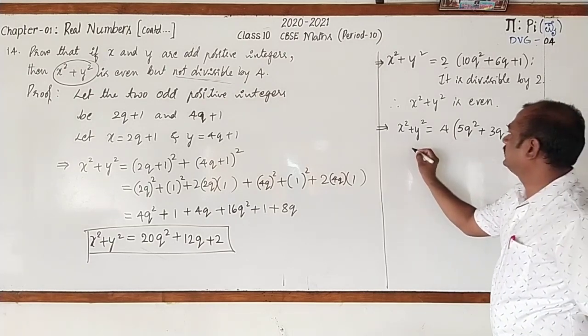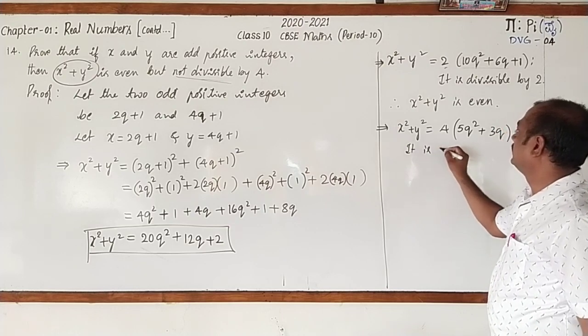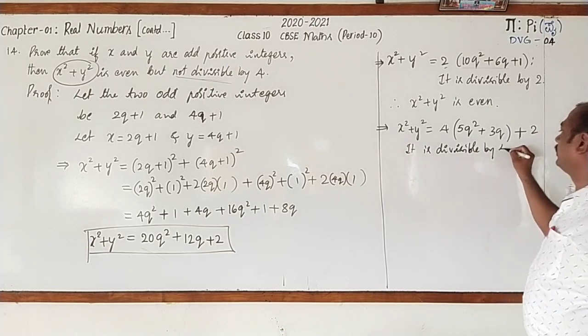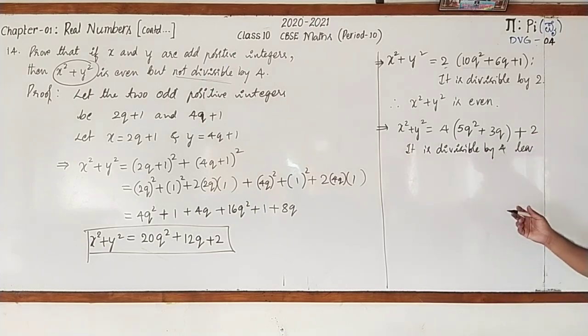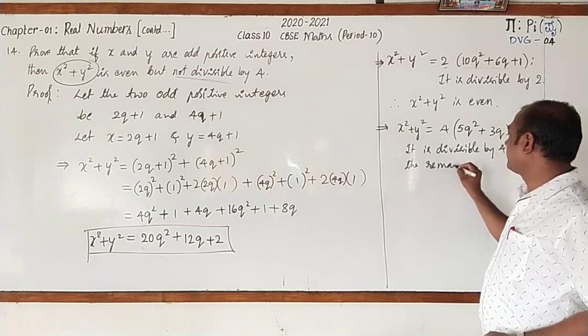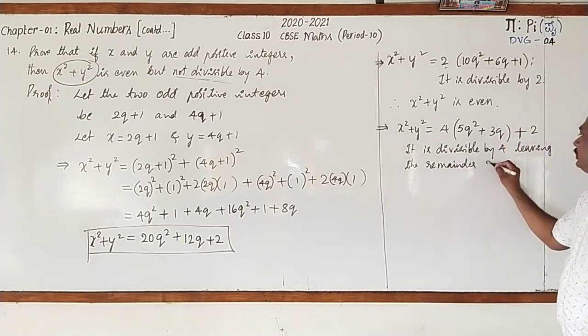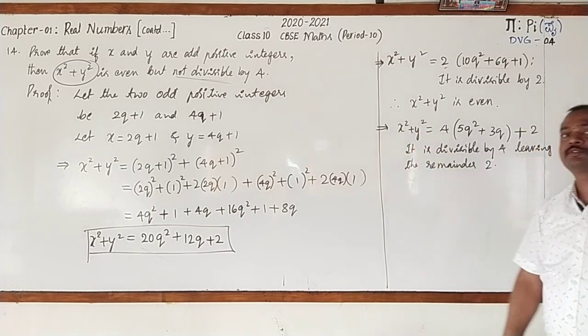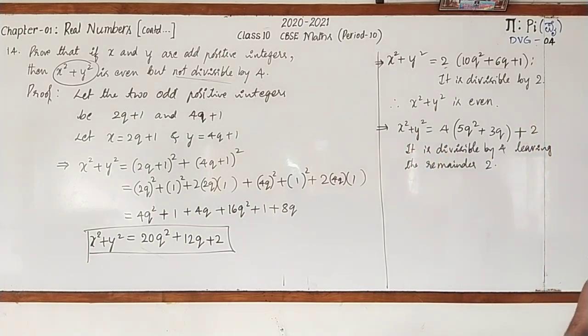So here I'll write: it is divisible by 4, leaving the remainder 2. Then do you say that x square plus y square is divisible by 4?